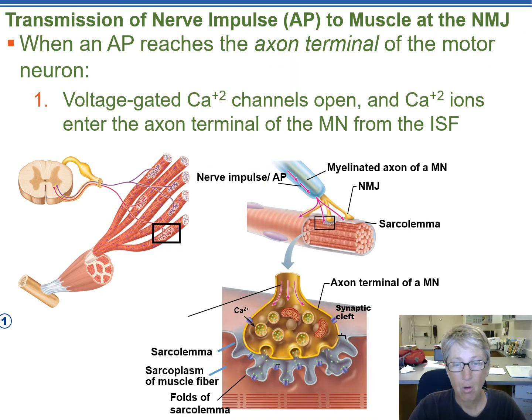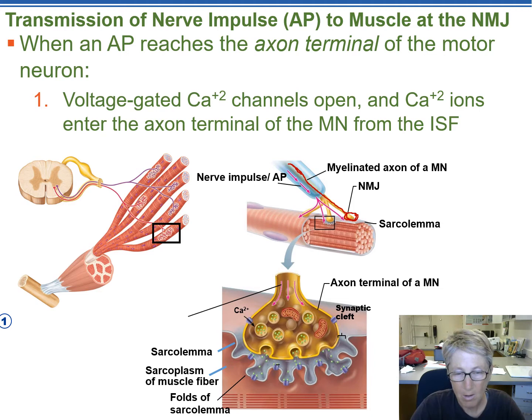Okay, so we talked about how the action potential, the opening of voltage-gated potassium and sodium channels in succession, arrives at the axon terminal of the motor neuron, and what that is, is a change in electricity. So the action potential is changing the membrane potential of the axon, and that's an electrical change.